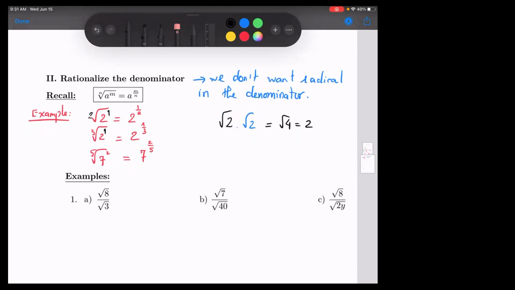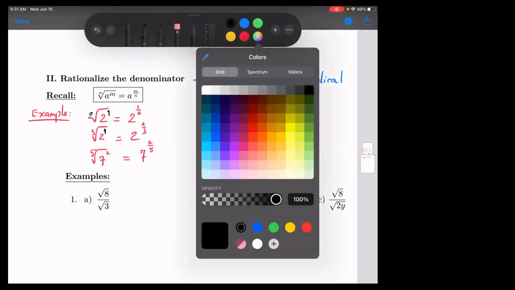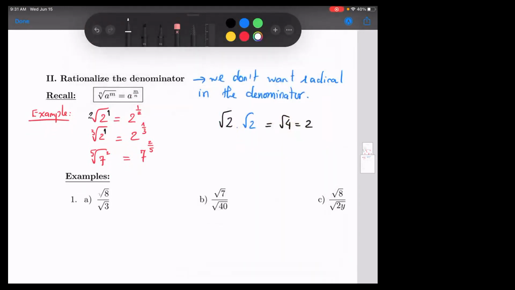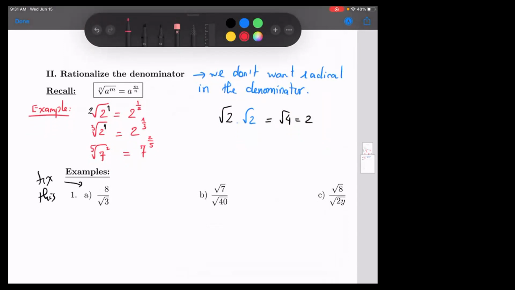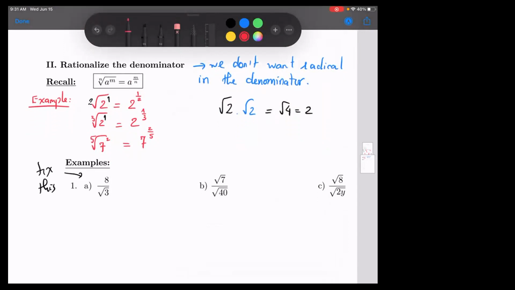But let's do that. So the first one, the square root of 8 over root 3. I keep having typos, I'm so sorry. It should be just 8 over root 3. So I'm going to fix this. Okay, so I want to get rid of root 3.